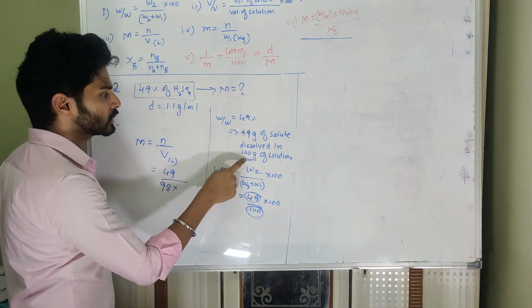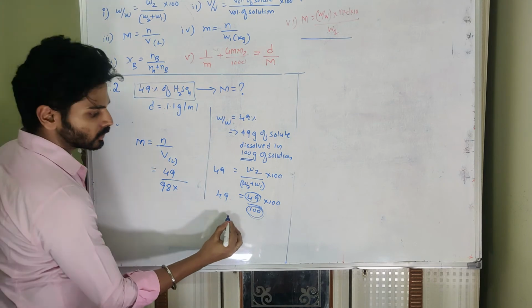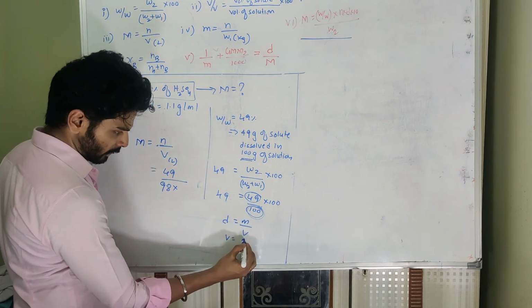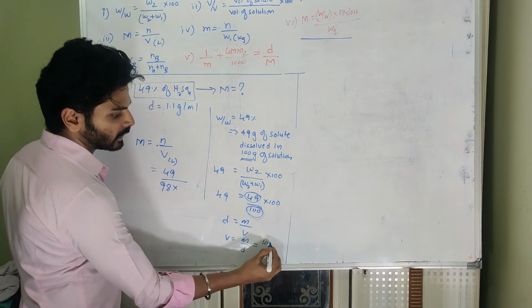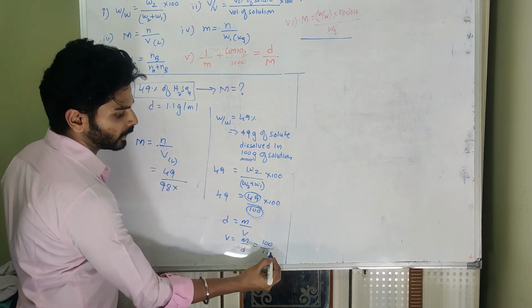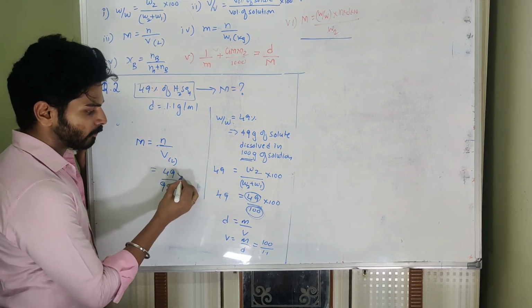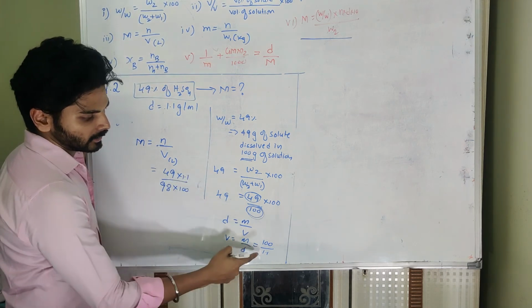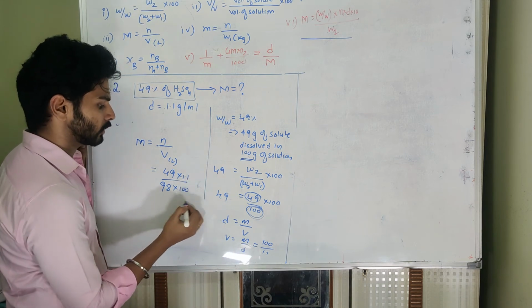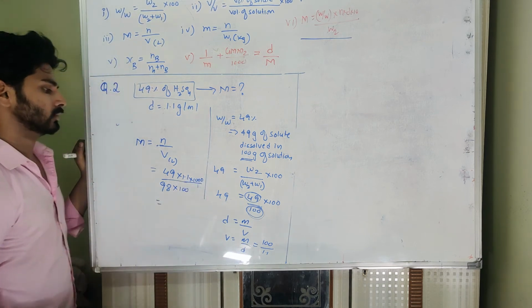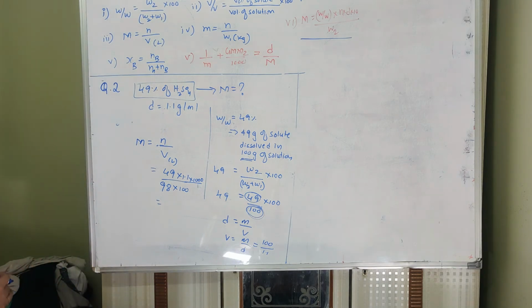So mass of the solution is known, density is given. Density is equal to mass upon volume, so volume is mass upon density. Mass is 100 gram divided by 1.1, the density. So 100 gram divided by 1.1 is in terms of ml, so I need to divide by 1000 also to convert into liter. So this will give us the answer.